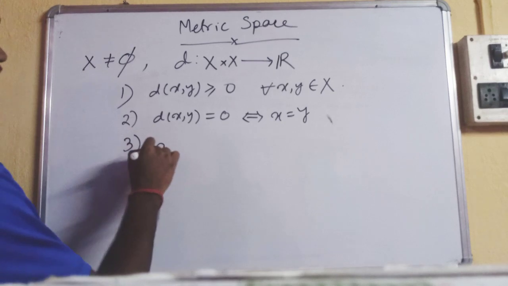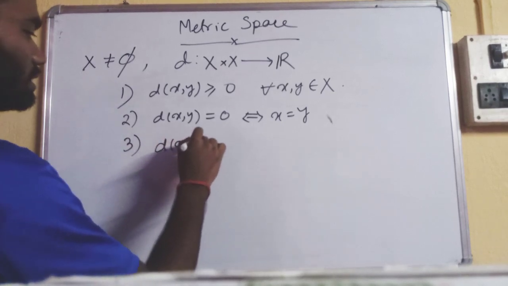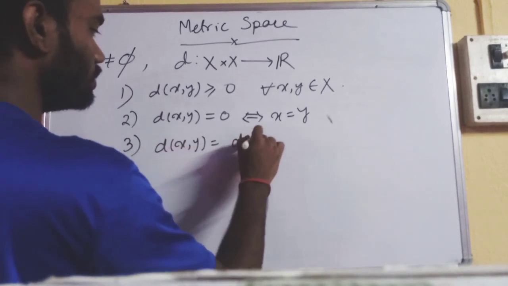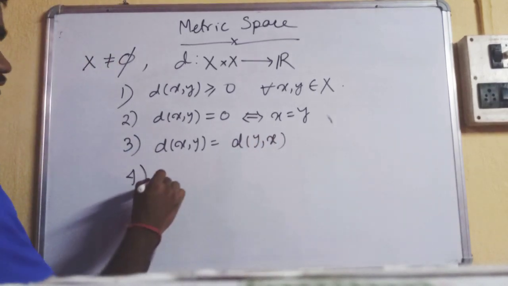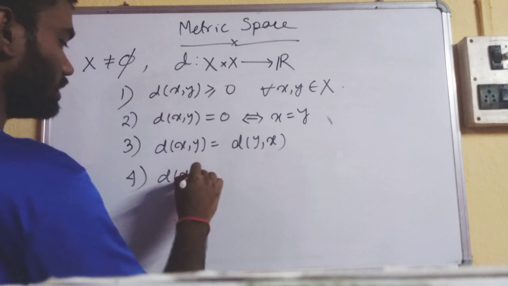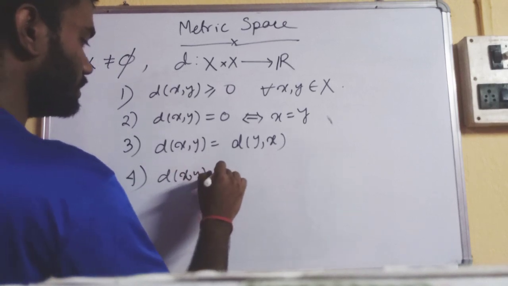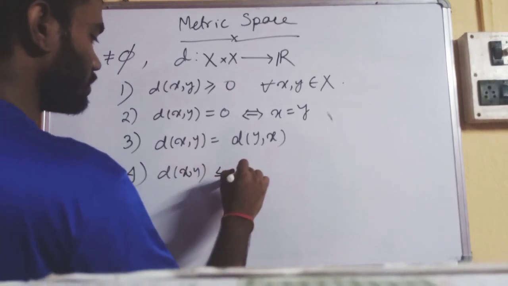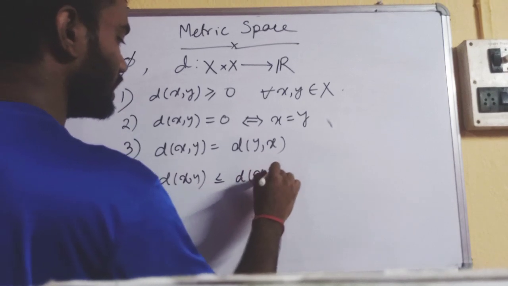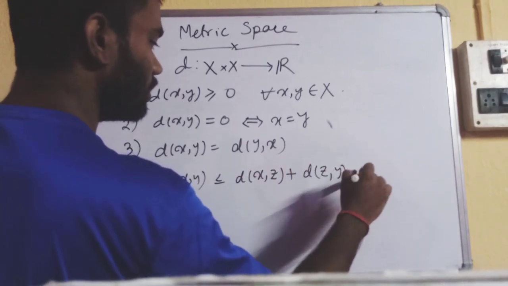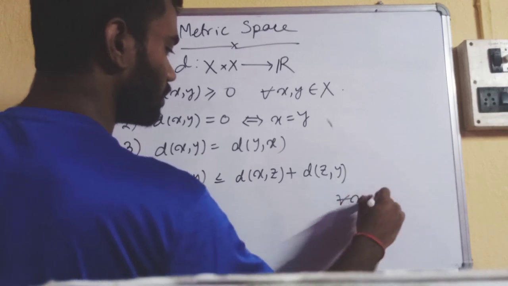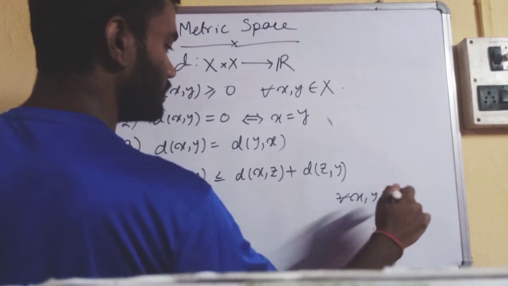Number 3, d(x,y) equals d(y,x), and property number 4, d(x,y) is less than or equal to d(x,z) plus d(z,y) for all x, y, z in X.